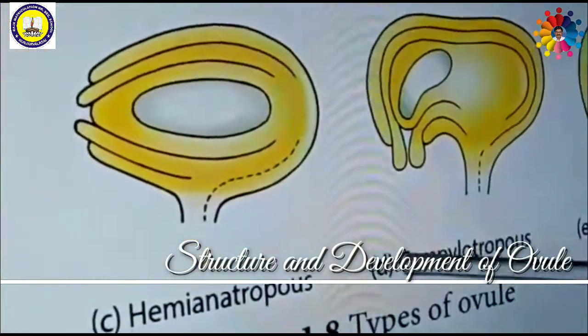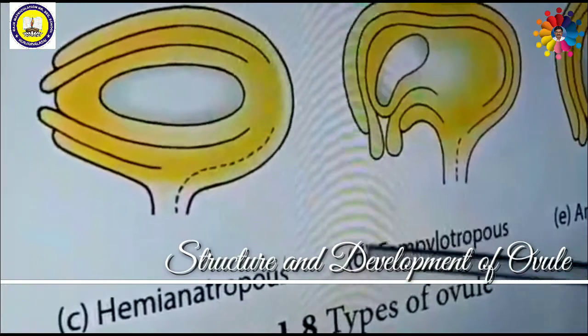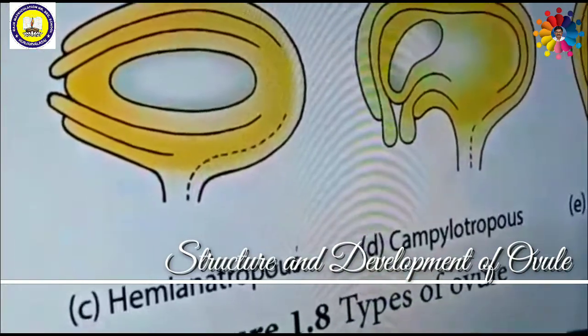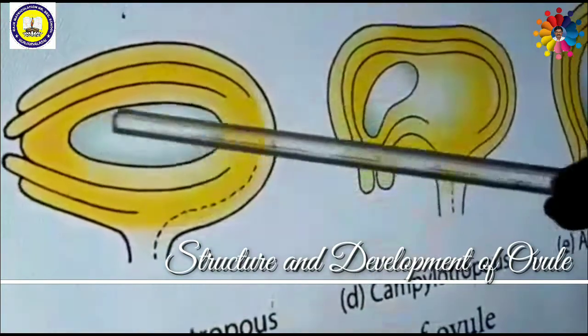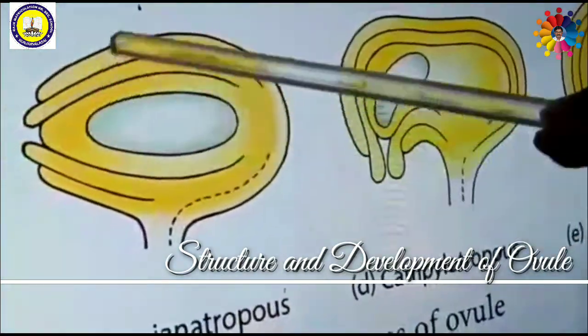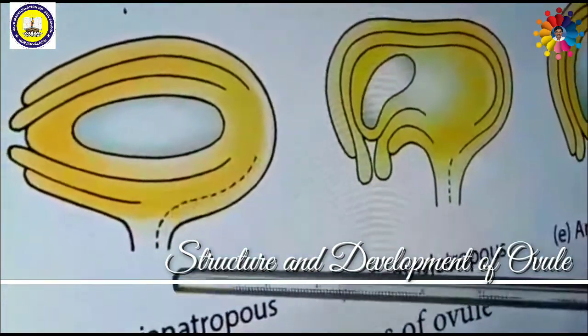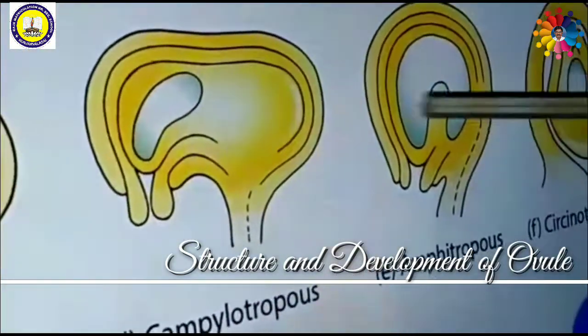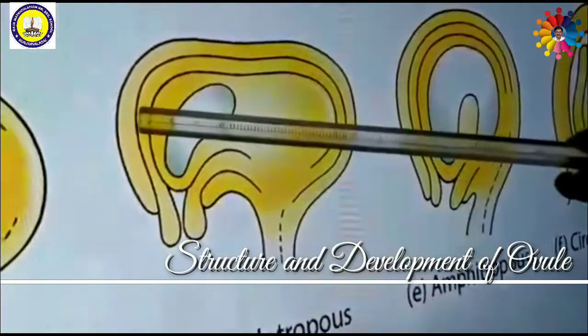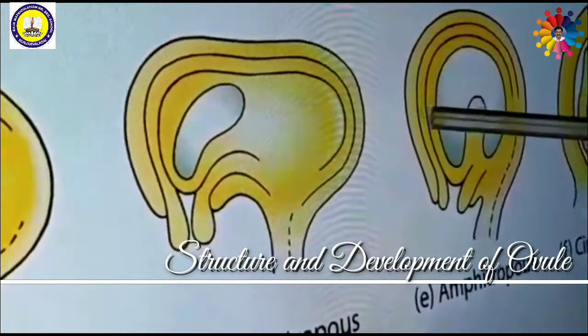The next one is the third ovule type. This is hemianatropous. Here the funicle and the body of the ovule are perpendicular to each other. Such a type of ovule is called hemianatropous. Campylotropous also has the funicle and the body of the ovule perpendicular to each other.